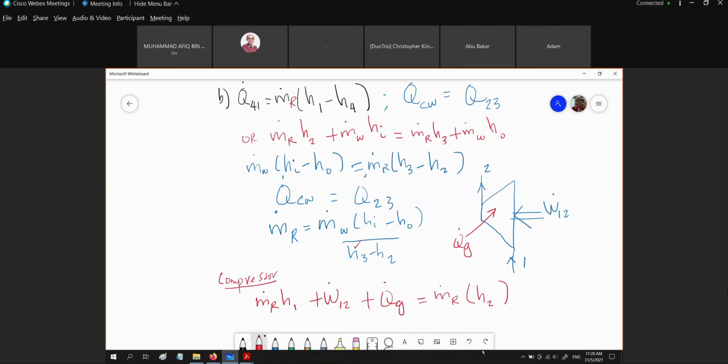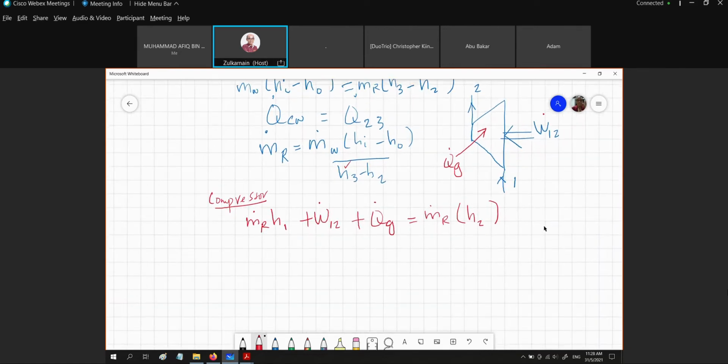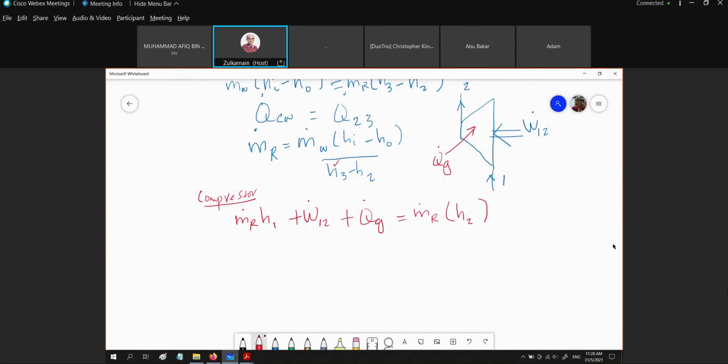So again, we have our M dot R, so we need to solve for the M dot R. Here also we need to solve for the M dot R. Wow, guys, we have two equations, two unknowns.